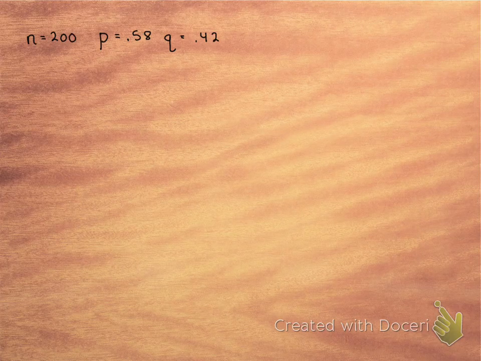Now at most means you can have 100, you can have less than 100, but you can't have more than 100. So the probability, including the 100 and everything less than that, is 100.5. So we're looking for the area to the left of 100.5 on the normal distribution curve.